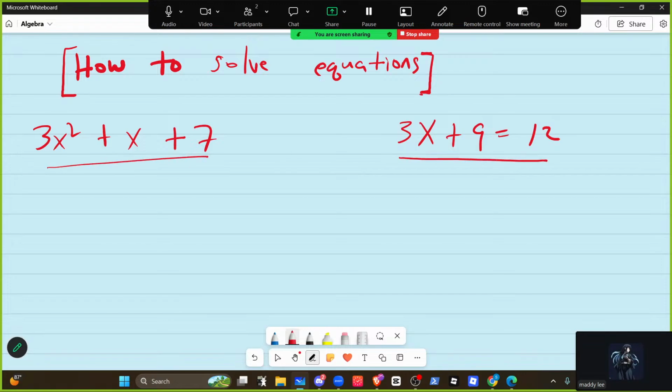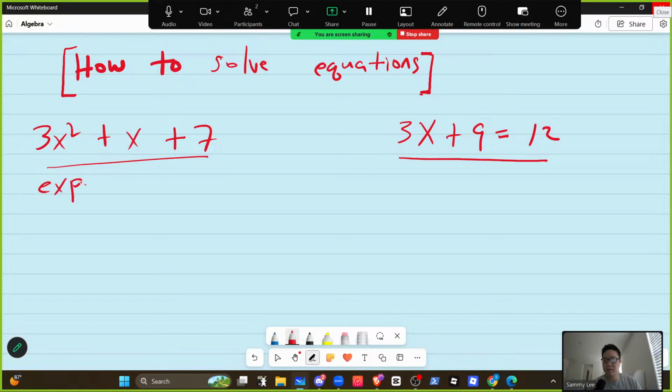The one on the right, 3x plus 9 equals 12, is an equation, and the other one is an expression. Yeah, good job. So this is an algebraic expression, and this is an equation. Anytime you see this equal sign, you're dealing with an equation. And you remember what these things are called? Terms. Yeah, terms.